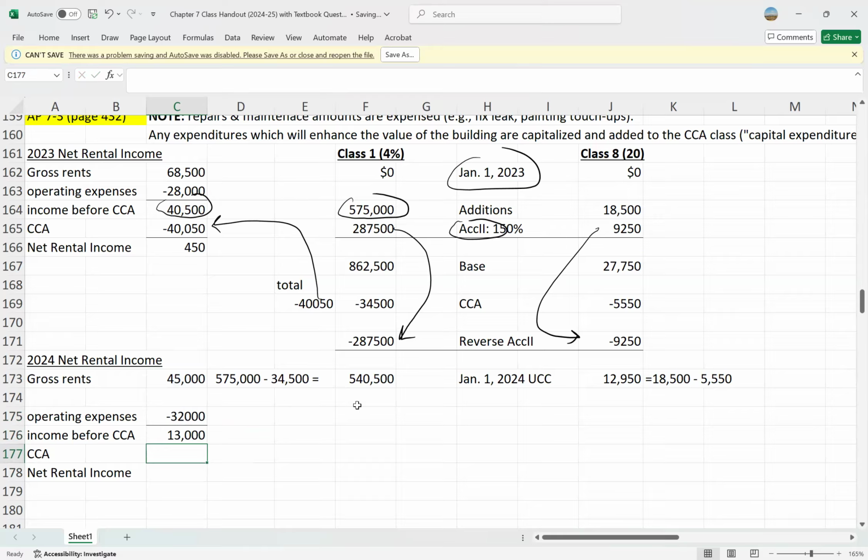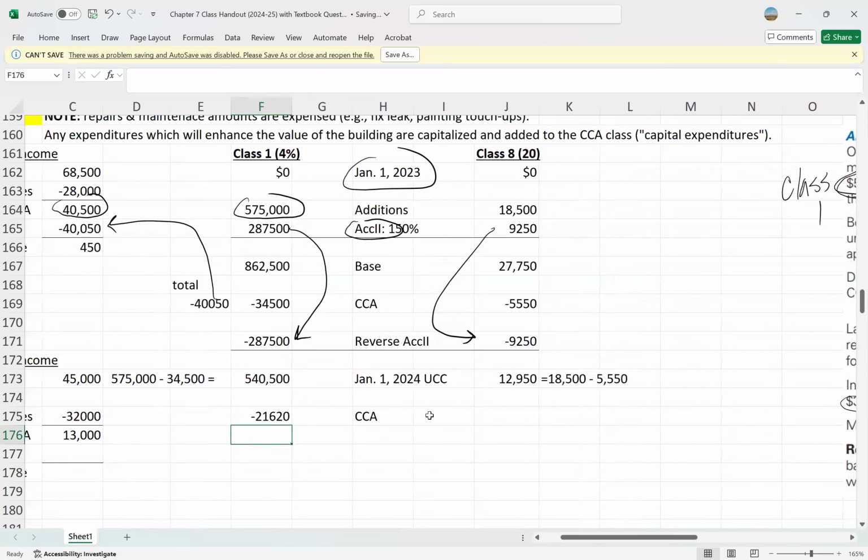Now the building portion, we can still take CCA on. So for the building, the CCA is going to be at 4%, so 4% of 540,500. That's 21,620. Now for the furniture, it was sold.